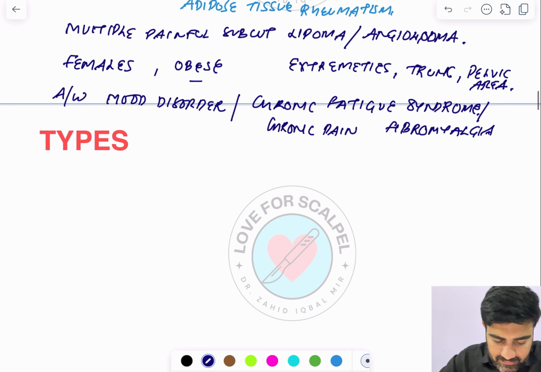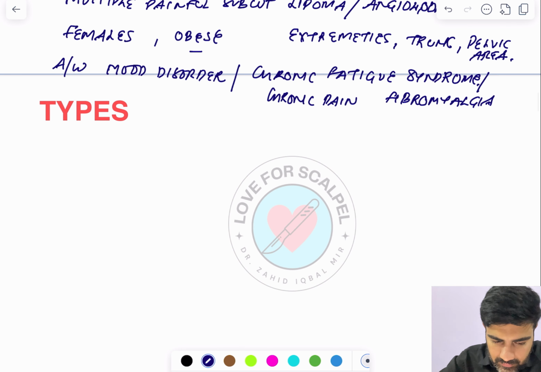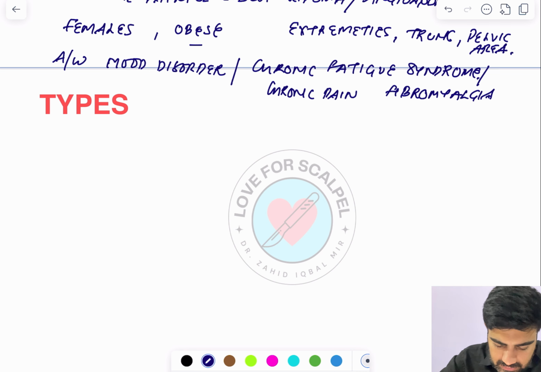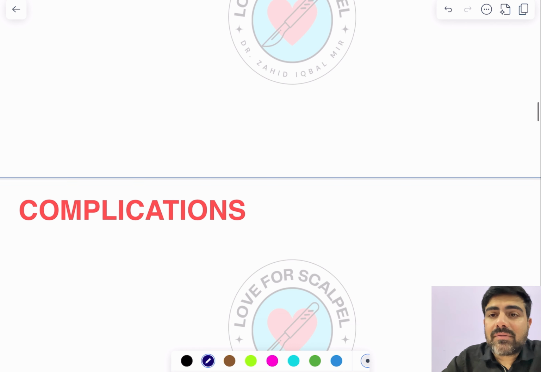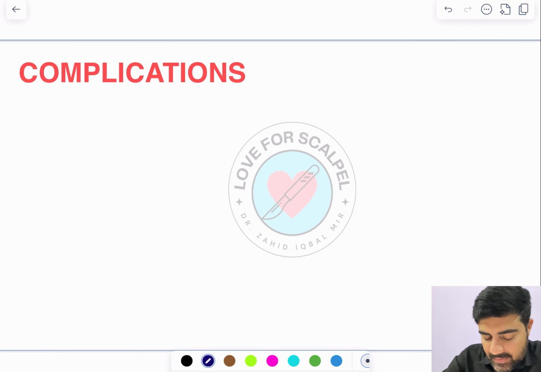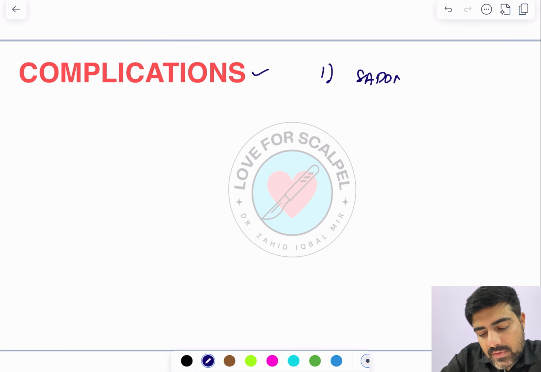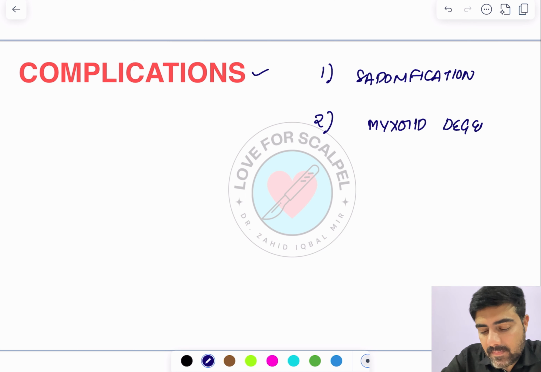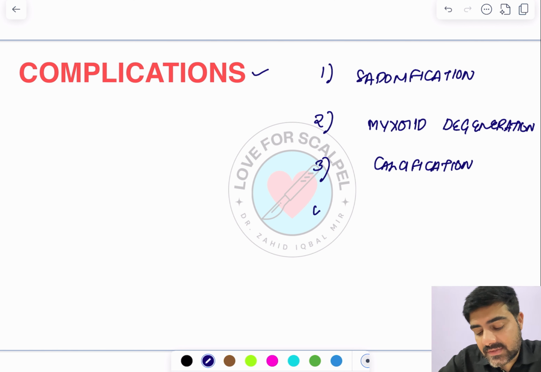Okay, so then we have, after this, complications of lipoma. So let us discuss complications of lipoma. First thing is saponification, then second thing is myxoid degeneration, third thing is calcification, and fourth thing is malignant transformation.